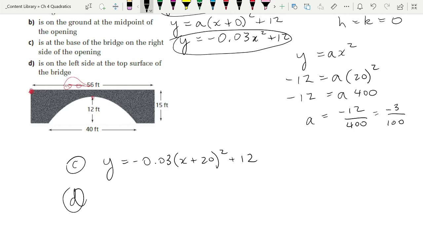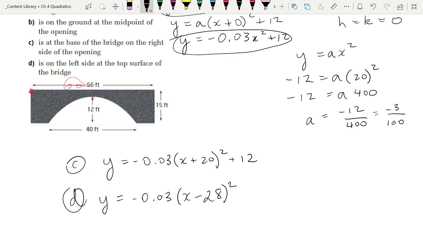Okay. Well, does the shape of the parabola change? No. So A is still negative 0.03. But now, how far do I have to move to get to this point here? I have to move half of 56, which is 28, but I'm moving to the right. And then I'd have to move down how much?